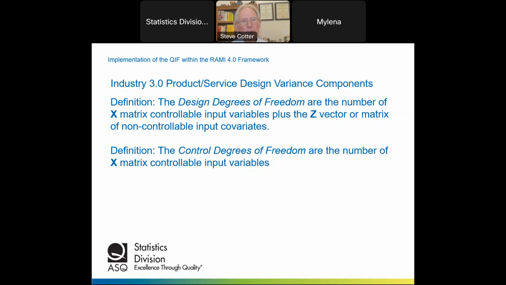That brings us to design theory. The design degrees of freedom recognizes the y equals f of x Bayesian nature of product and process service design. Design degrees of freedom are the number of X matrix controllable input variables plus the Z vector or matrix of non-controllable input variables.